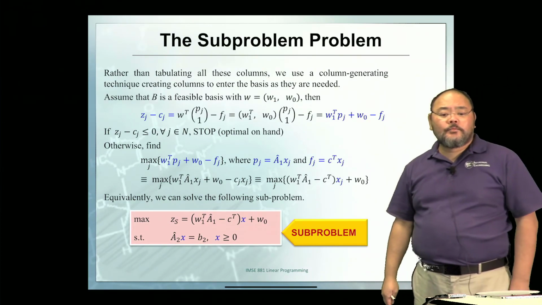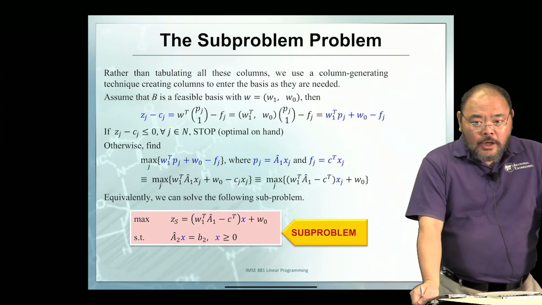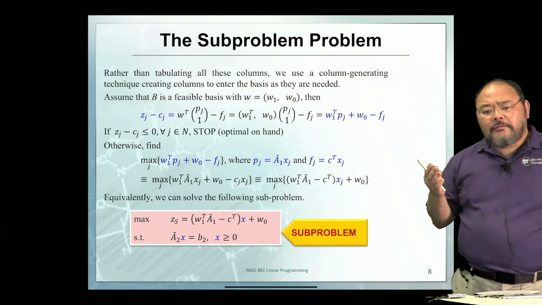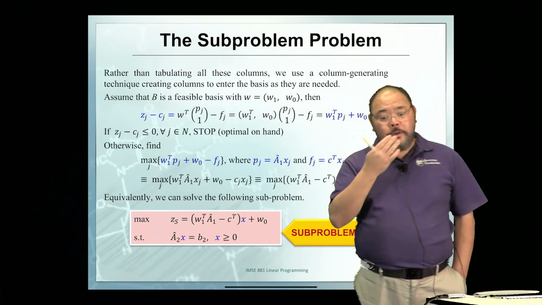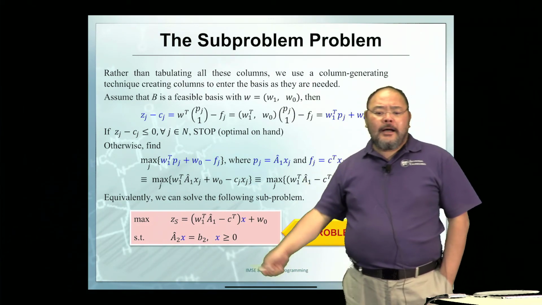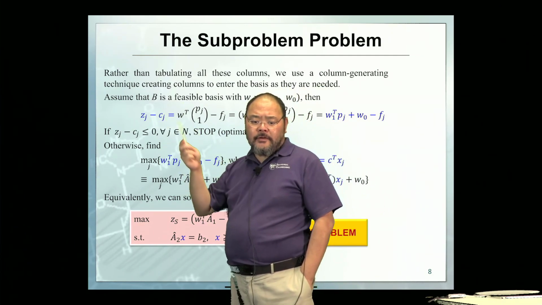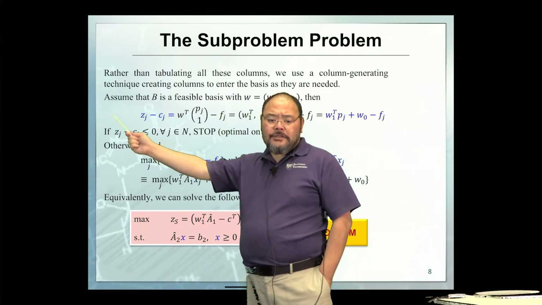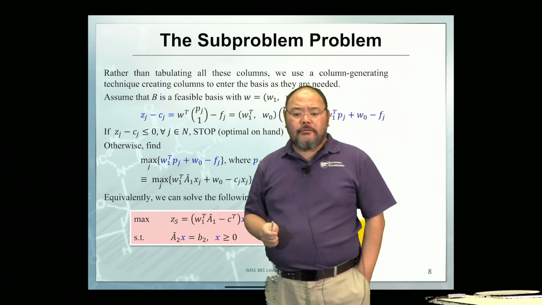And also, rather than tabulating all the columns, we're going to be using a so-called column generation technique to create a column to enter the basis every time. Remember, for solving a linear programming problem using the simplex method, we try to find the value of zj minus cj for the non-basic variables, and whichever zj minus cj is the largest, we choose that as the entering variable.